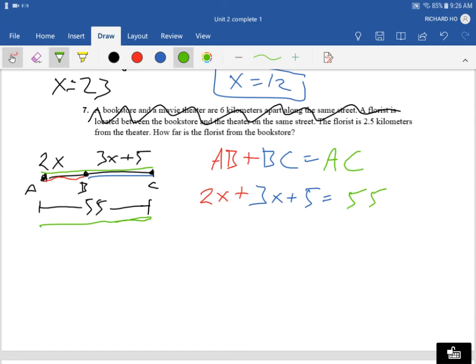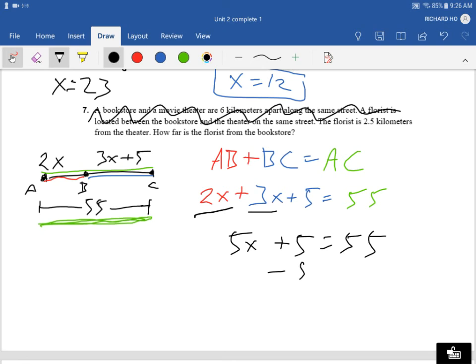So that was given. So here, you have to combine these two. So 2x plus 3x is 5x. Plus 5 is 55. So from here, it's just algebra. Minus 5, you get 5x equals 50. And then x equals 10.